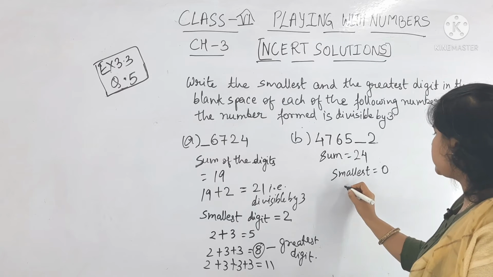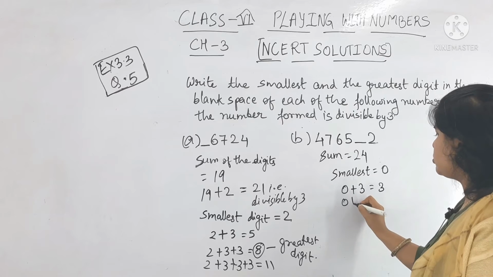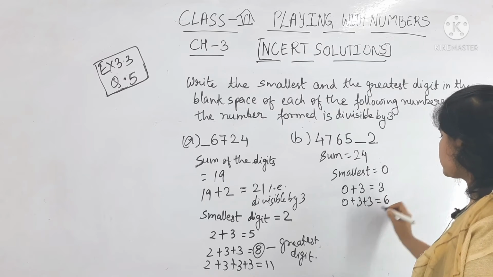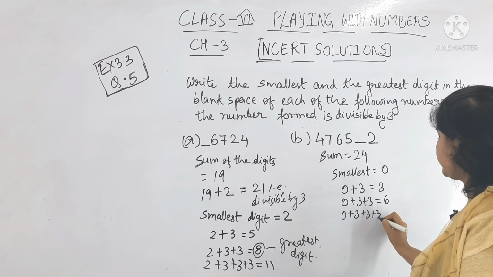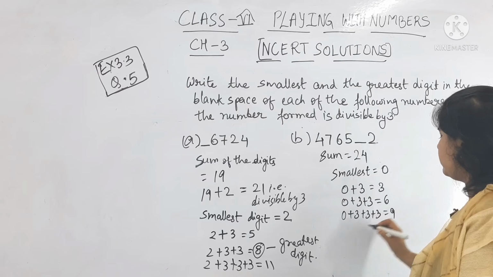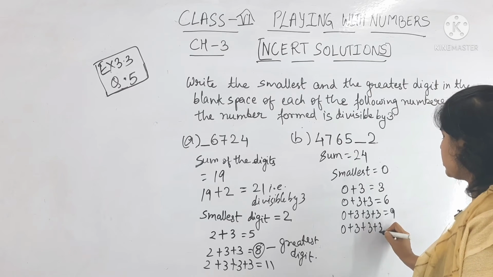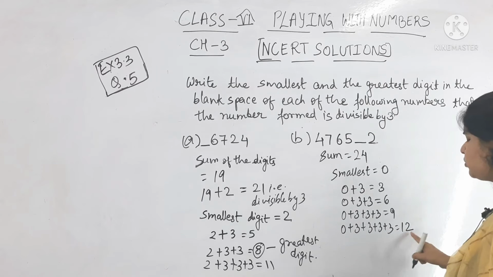Now for the greatest digit, if I add 0 plus 3, I am getting 3. 0 plus 3 plus 3, that is I am getting 6. 0 plus 3 plus 3 plus 3, 9. 0 plus 3 plus 3 plus 3 plus 3, I am getting 12. That is a 2-digit number.